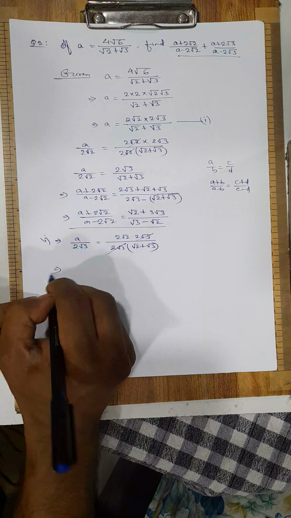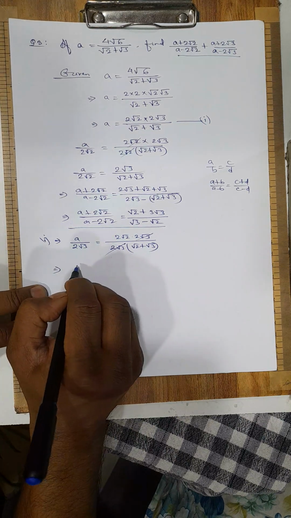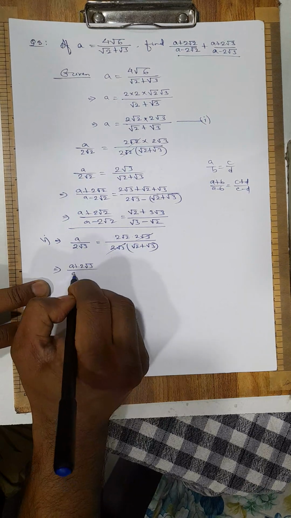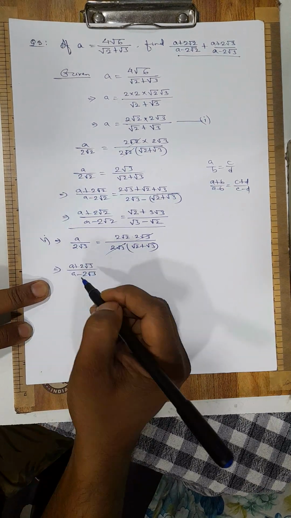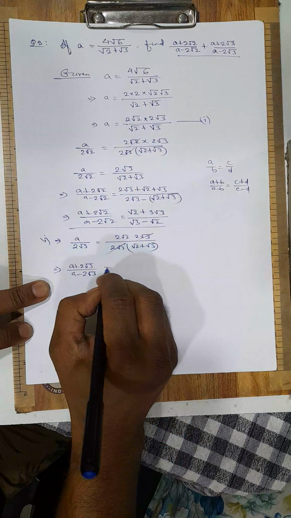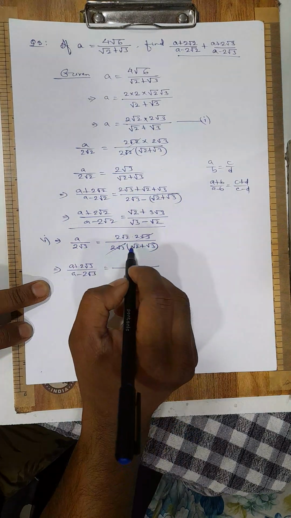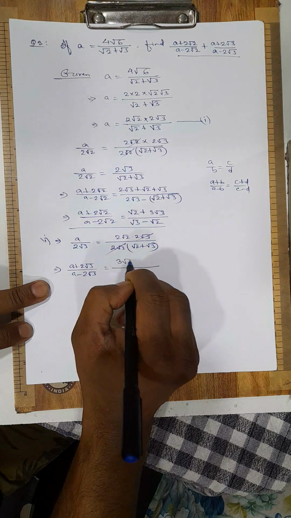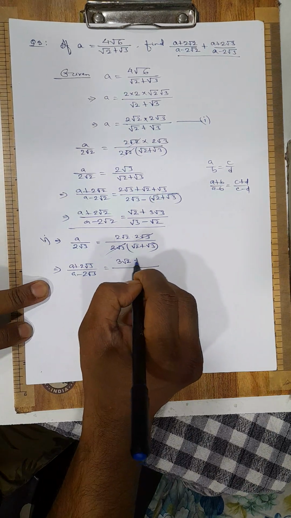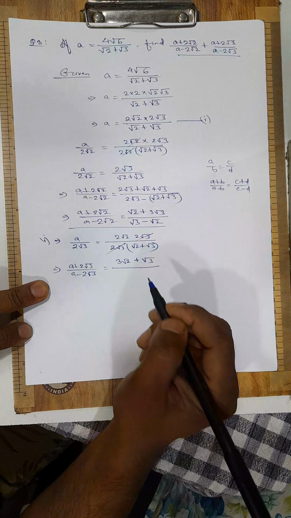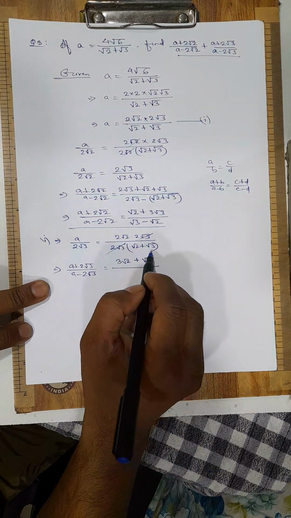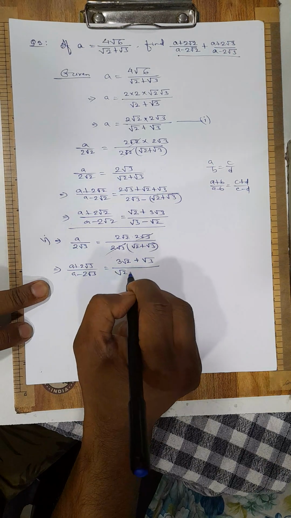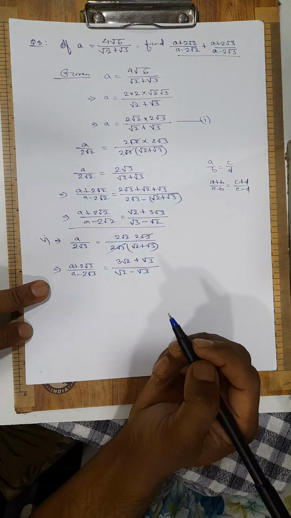Now let us use componendo and dividendo. You will get here (a + 2√3)/(a − 2√3). On the right hand side, you will get a plus b, that means 3√2 + √3, then a minus b, that means √2 − √3, right?